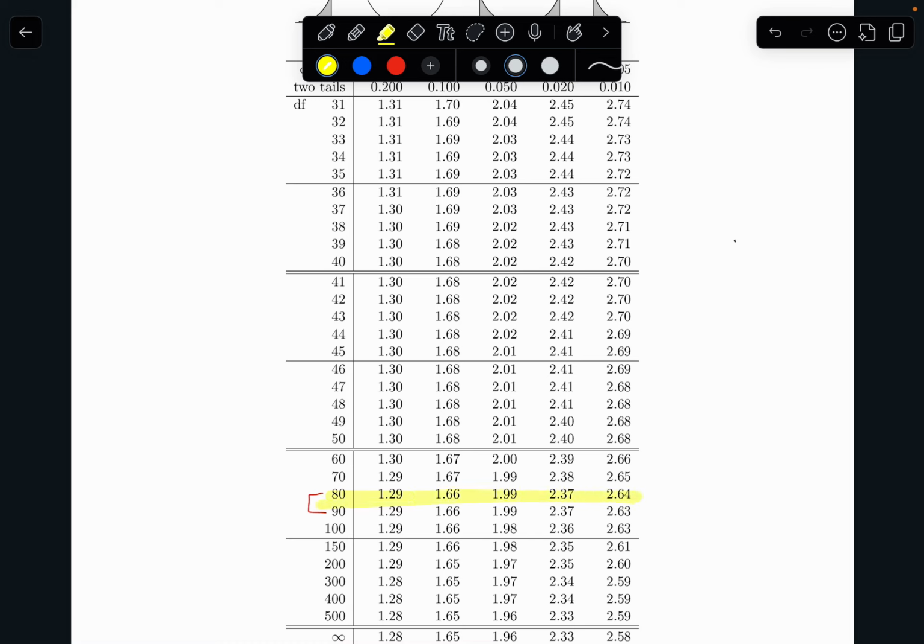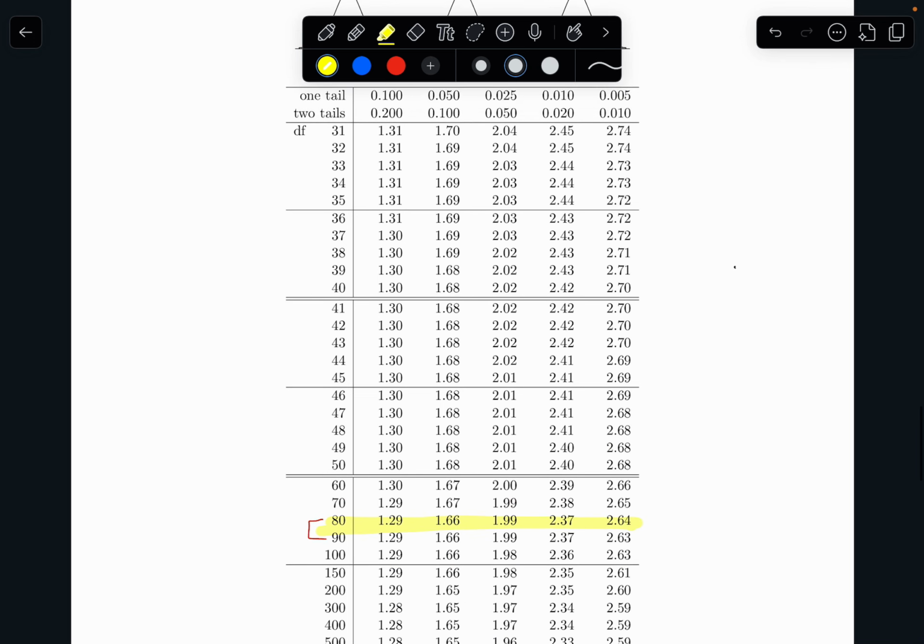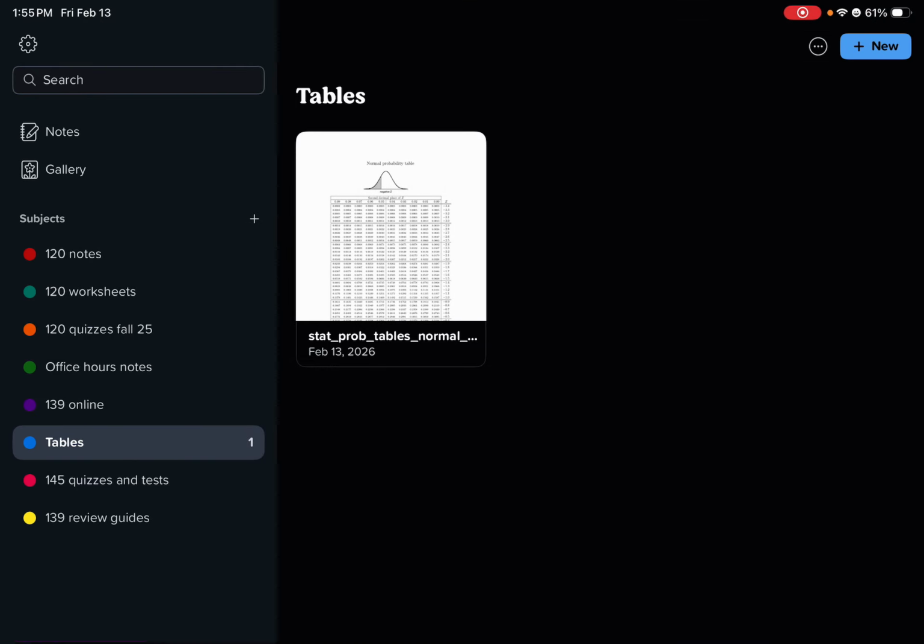This is the column that we're looking at. And then we set a two-tail area of 0.01. So a two-tail area of 0.01, that would mean we're looking at this far column over here. This is what we want. We, of course, want the overlap between those two, so our critical T star will be 2.64. So let me make a note of that here.